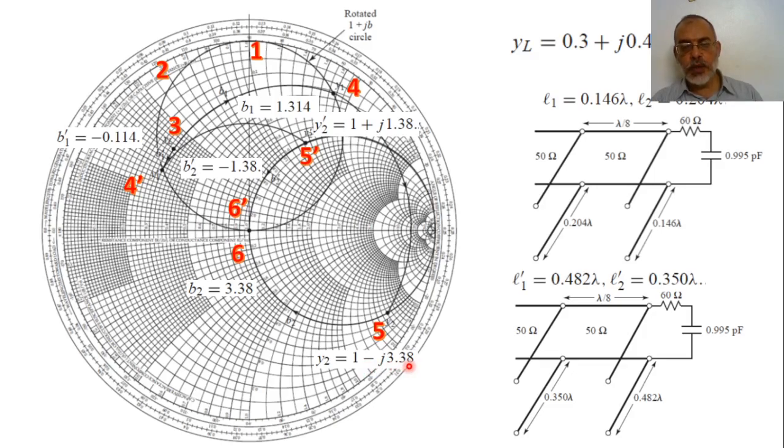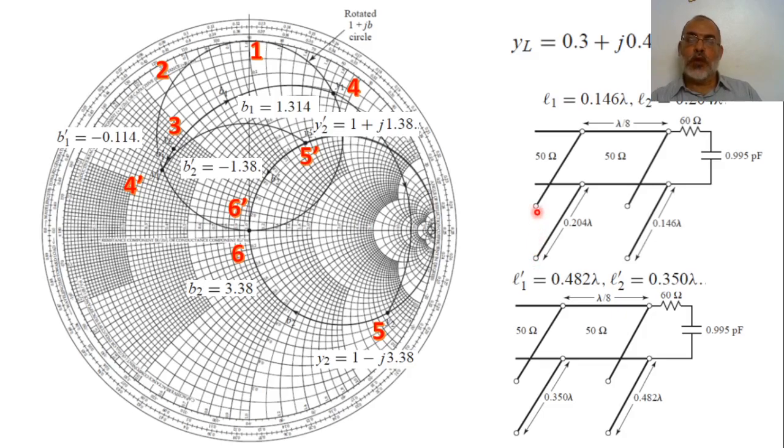This means that it is required to add a parallel shunt susceptance equal to plus j 3.38 such that the total admittance would be y input equals y naught, or y input normalized equal 1. This means that the susceptance of the second step would be B2 equals 3.38. And as we said, this is an open circuit tuning step.